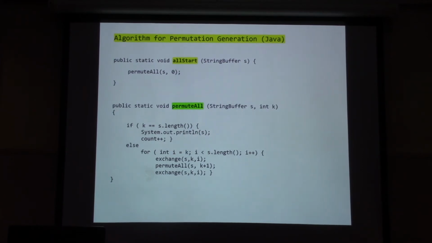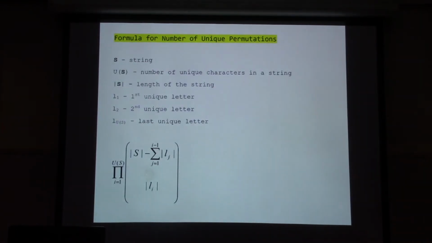So if we want to compute the unique permutations, there's a few ways of doing it. One of the ways is this formula I'm writing here, which is a product of binomial coefficients, where this is the length of the string. The length of the string minus the count of letters before me, indexing from the first to one previous character before me.